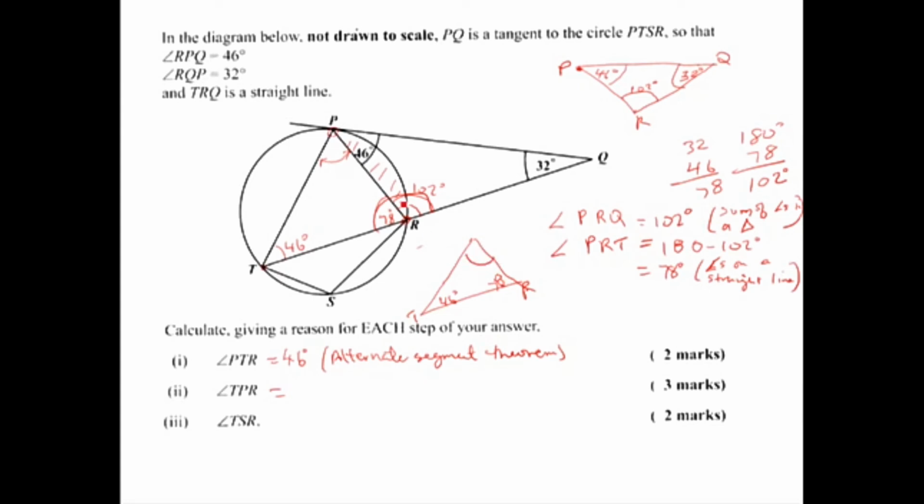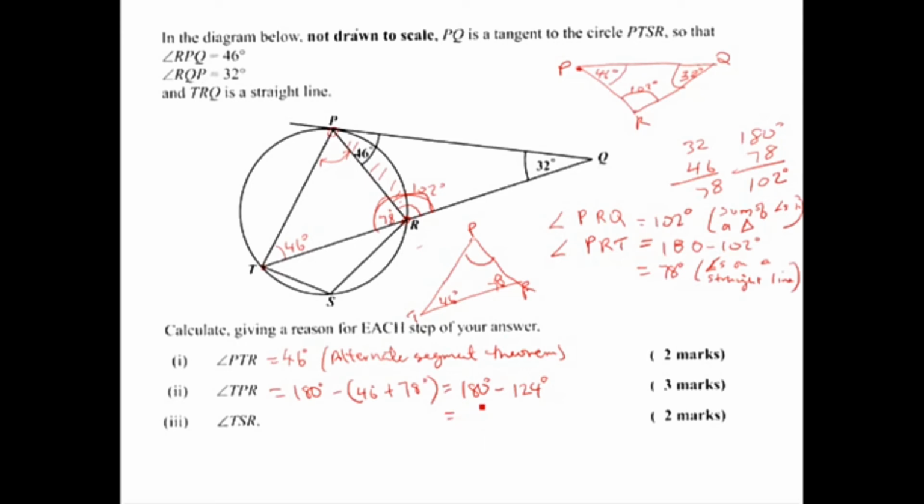And so what is this angle here? That's the one they want to find, angle P, which is TPR. That's going to be 180 degrees minus the sum of 46 plus 78 degrees, which equals 180 degrees minus, let's write that out quickly, 124 degrees.